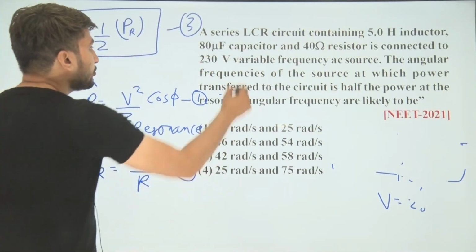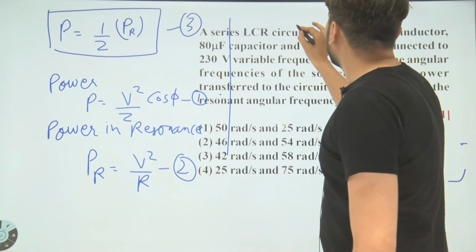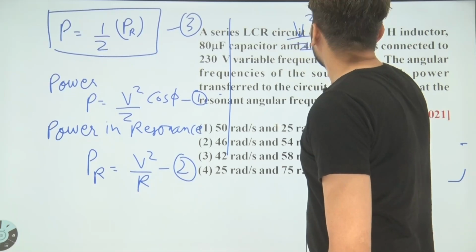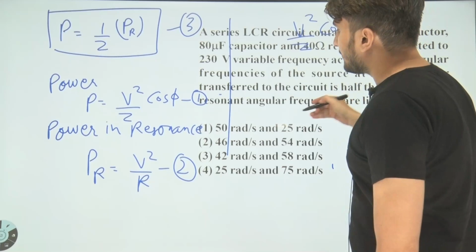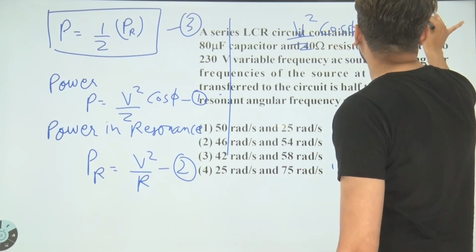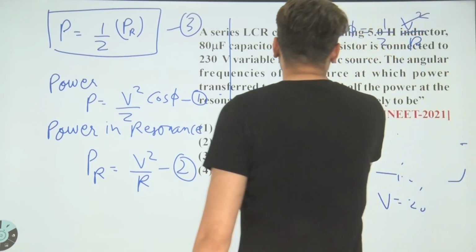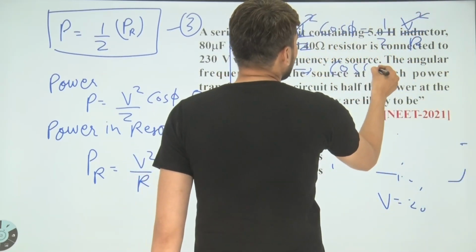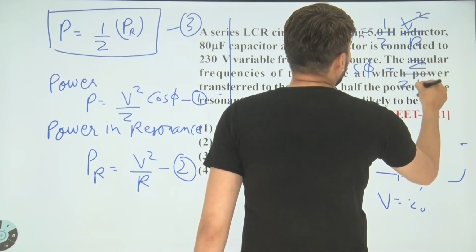So from 1, 2 and 3 what we write here is: the value of P is V square by Z cos phi, which is half of PR, and PR is V square by R. V square we have cancelled. That means cos phi is equal to Z upon 2R.